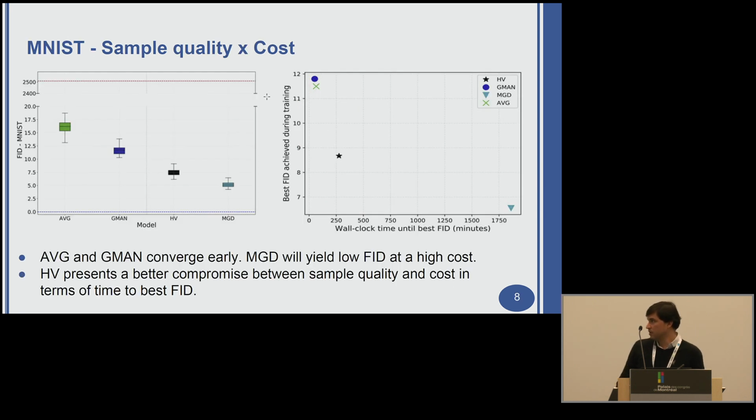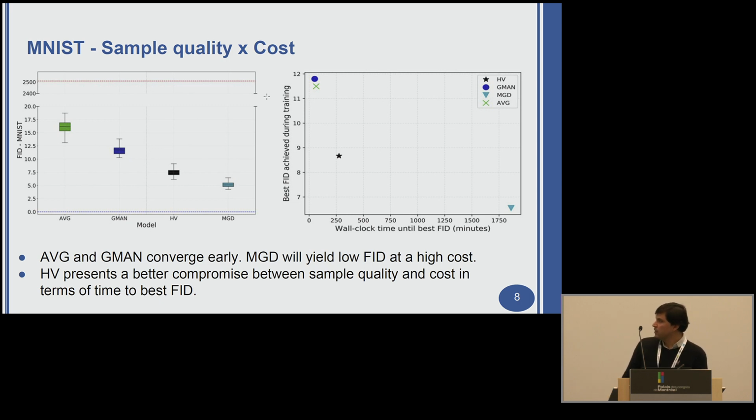Those are some results that we got for MNIST. What you can see is that here the red line is a random generator, the blue line is real data, and we have the four methods. Getting simply the average of the gradients, getting the GMAN approach, which is weighting them by a soft maximum of the losses, hypervolume maximization, and multiple gradient descent.